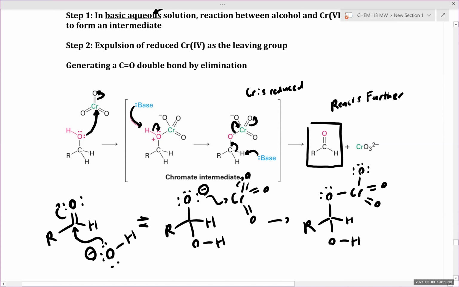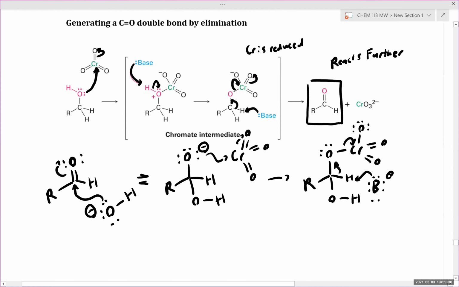From there, just like before, another equivalent of base can pull off a second proton. And we'd reduce our second equivalent of chromium trioxide. That in turn gives us the corresponding carboxylic acid.